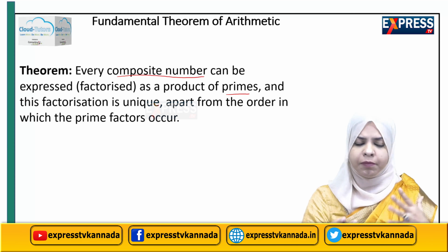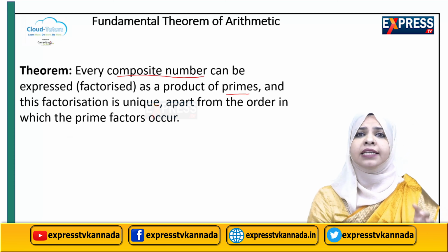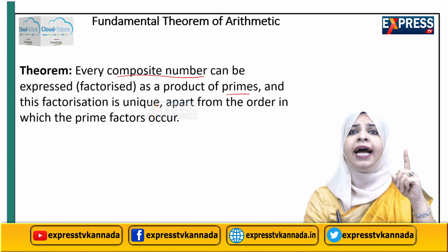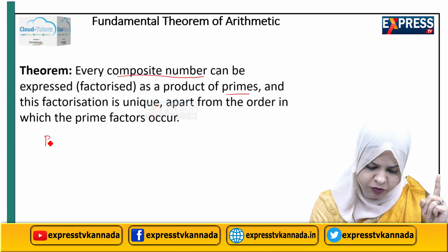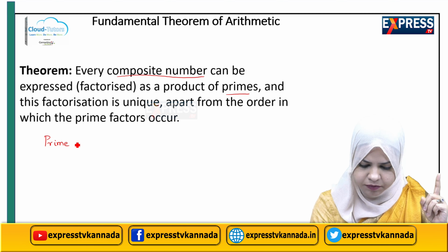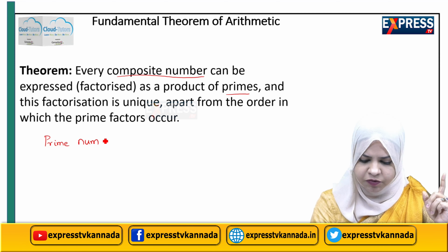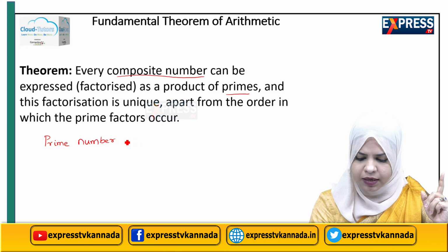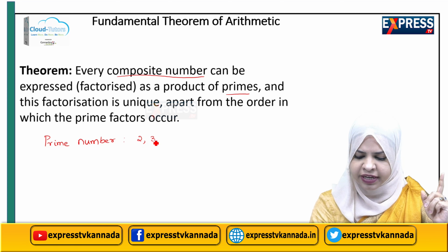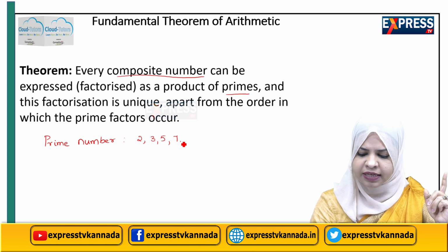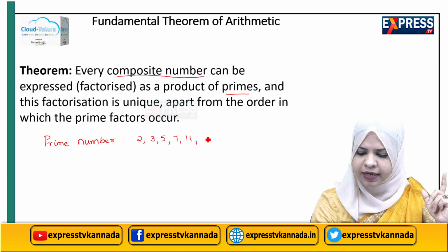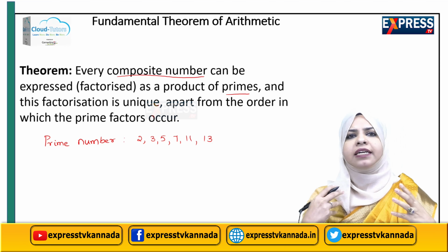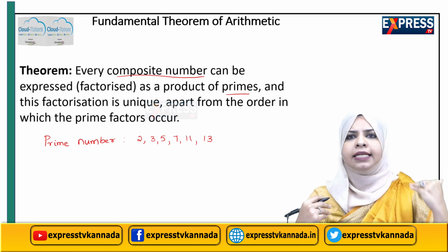When I say prime, it is any number which has only 1 and itself as factors. If I take examples, that would be 2, 3, 5, 7, 11, 13, wherein the factors are 1 and itself.